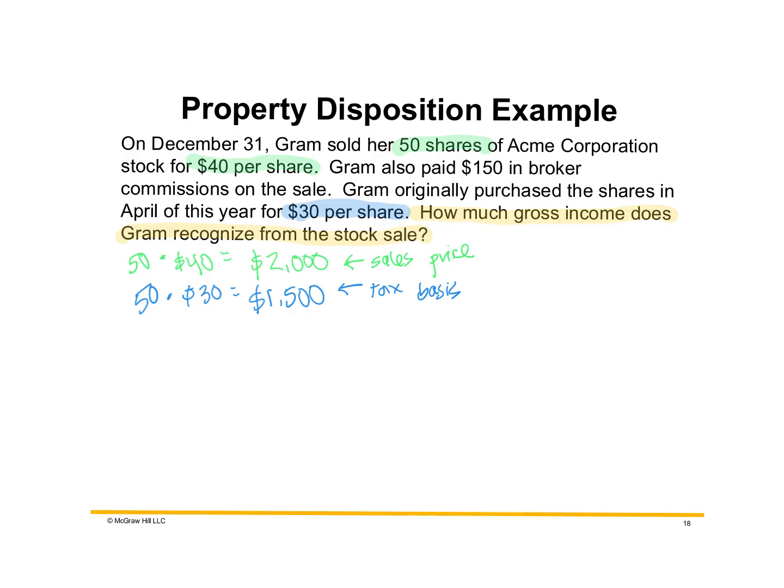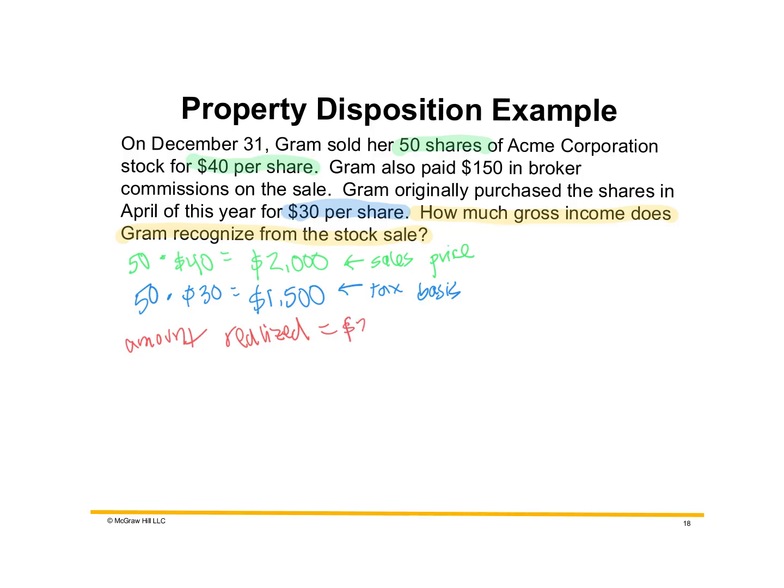All right, so now if we go through that formula that was on the last slide and we plug in all of the pieces that we know, then we can go through and answer the final question. So let's get our amount realized number first. We'll need our sales price or our sales proceeds.